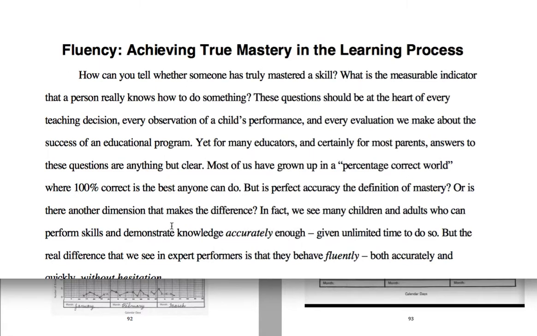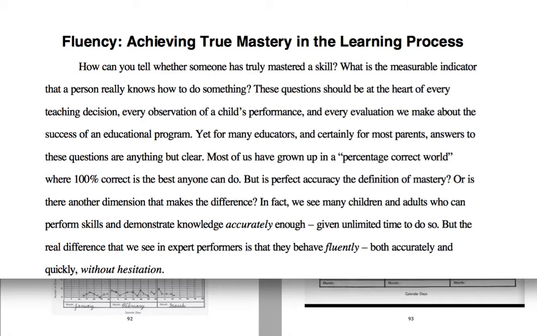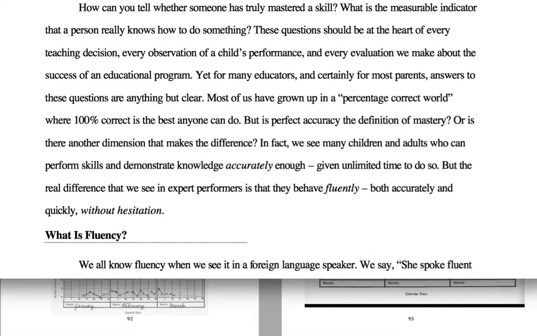In fact, we will see many children and adults who can perform skills and demonstrate knowledge accurately enough, given unlimited time to do so. But the real difference that we see in expert performers is that they behave fluently, both accurately and quickly, that is, without hesitation.